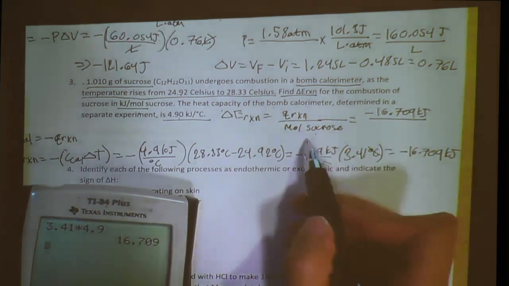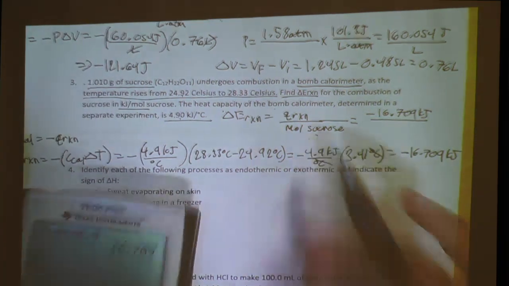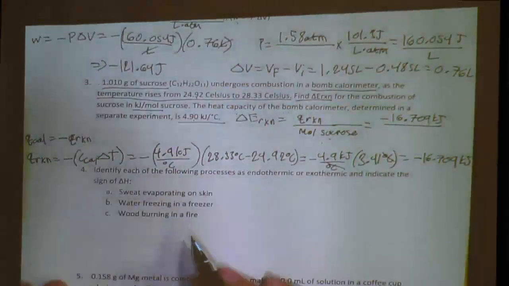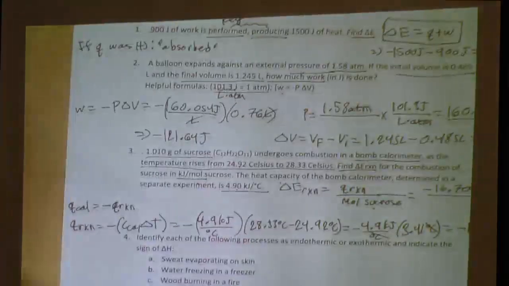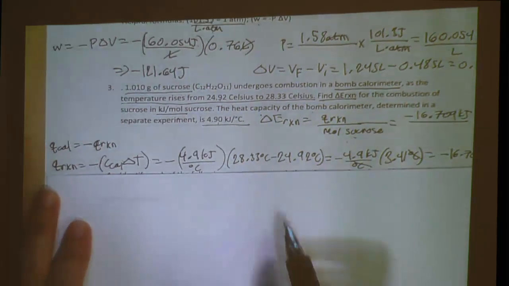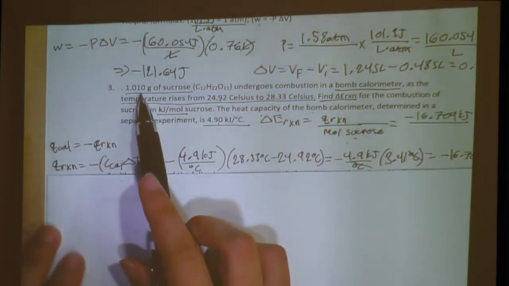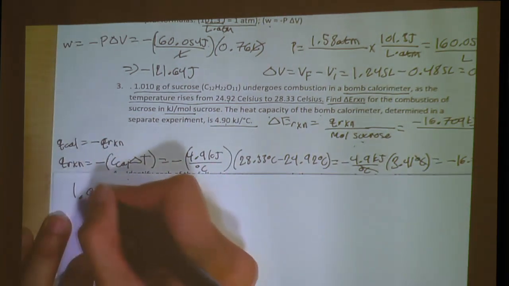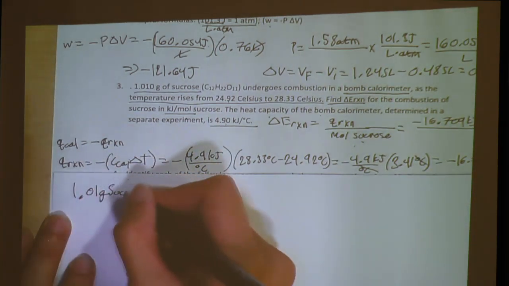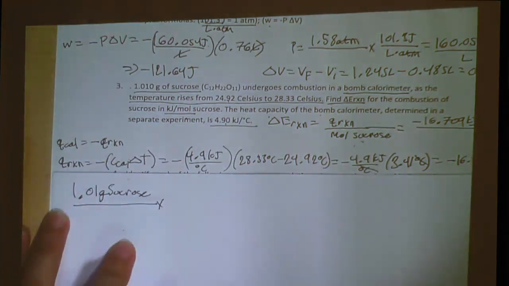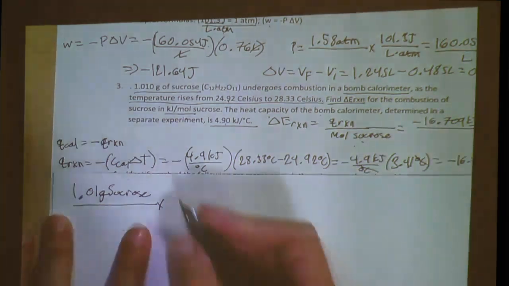kilojoules over, we need our moles of sucrose now, right? So where do I have it written? I'm going to do it on the back of a piece of paper here. So now we're going to find the moles of sucrose. They give us 1.01 grams of sucrose. I worked it out on the side so I could tell you what the molar mass is.